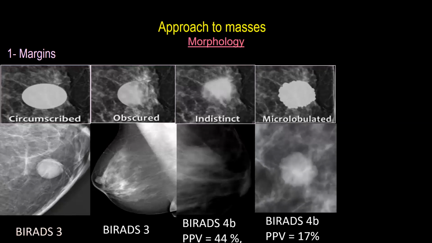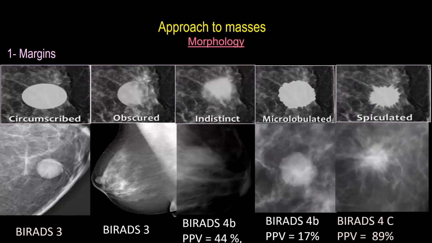Microlobulated, BIRADS 4B. Indistinct is more suspicious than microlobulated. And the most suspicious is spiculated. It is BIRADS 4C, and in another view, BIRADS 5. But at least know it as the most suspicious finding.